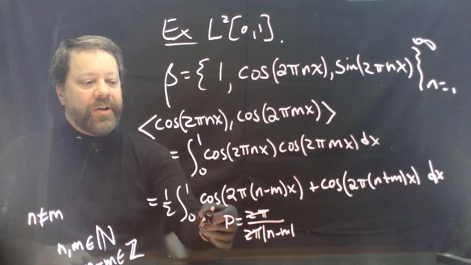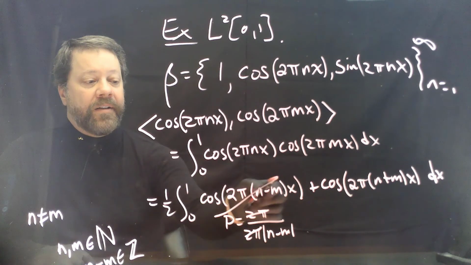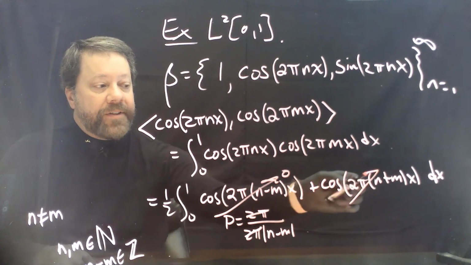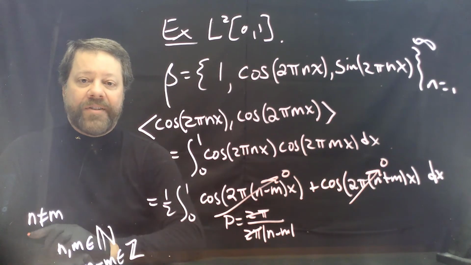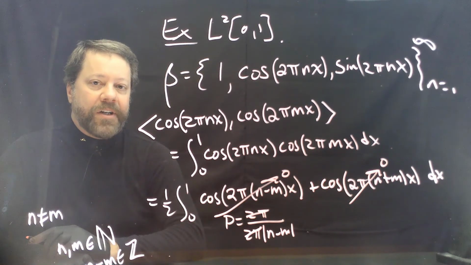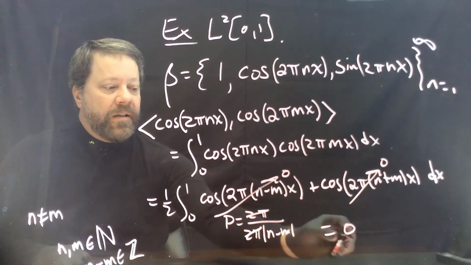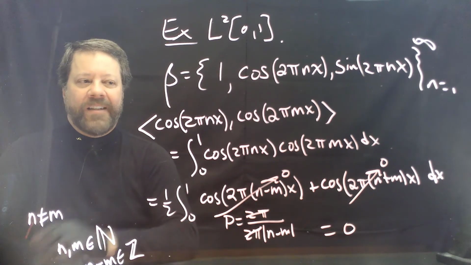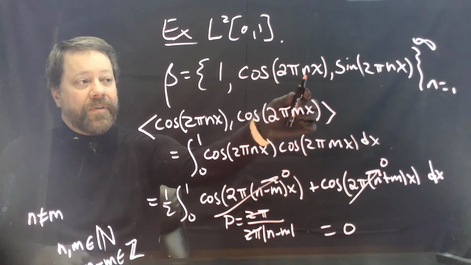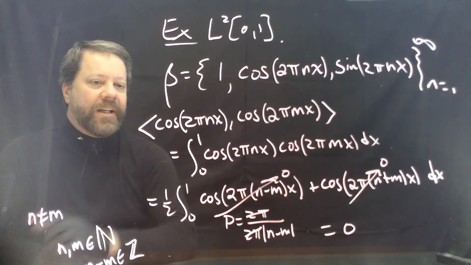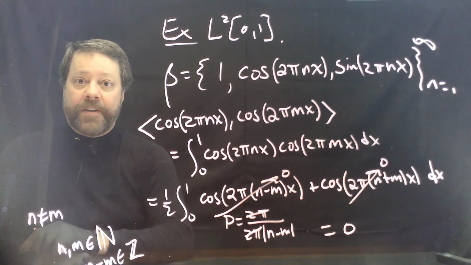If you integrate cosine over an integer number of periods, you have to get 0. And the same is true for the other term. You'll have to get 0 there because you're cycling through an integer number of periods, which means they're orthogonal. So if you choose different values for this coefficient n, then you get orthogonal functions.